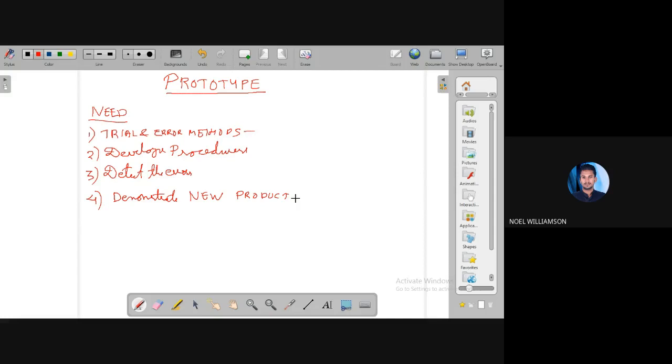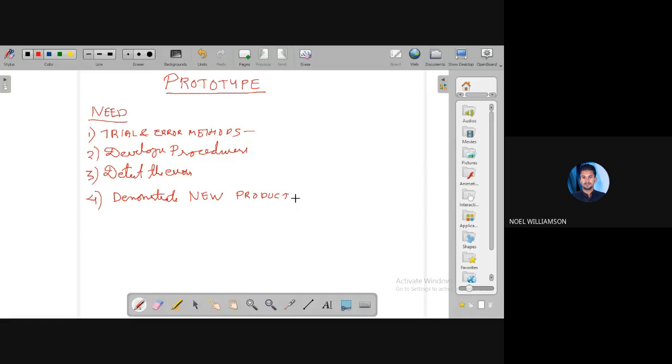But if he starts explaining about the product, the full idea cannot be transferred to the customer, or the customer cannot get the full idea or the clear picture of the design or the working, unless they provide a prototype. So if the developer is using a prototype or a working model, then he will be able to demonstrate it. This is my new product. He can demonstrate in that manner. So for demonstrating a new product, this will be helpful.